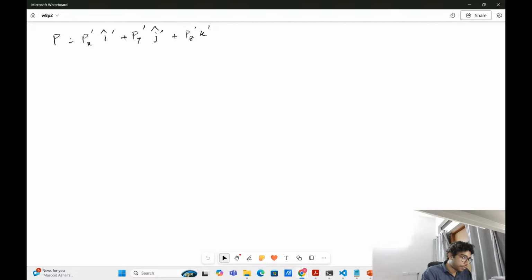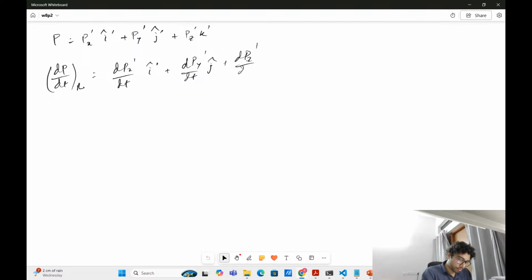So if you have dp dt in the rotating frame, they will look something like this. All are primes, right?